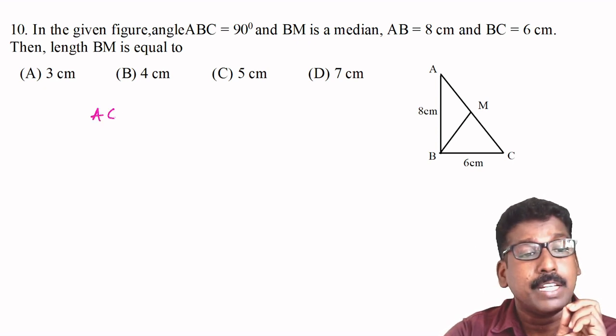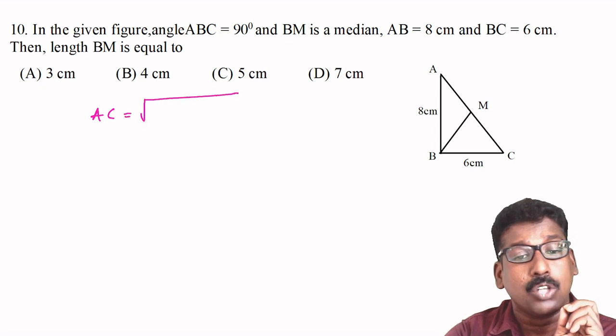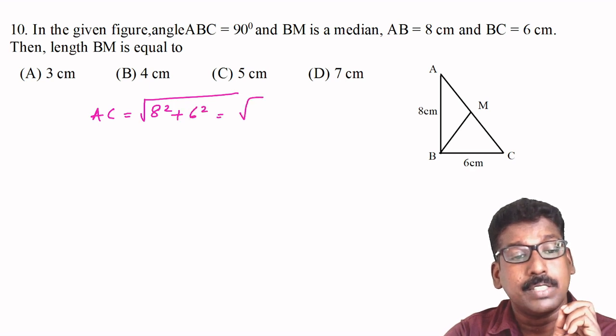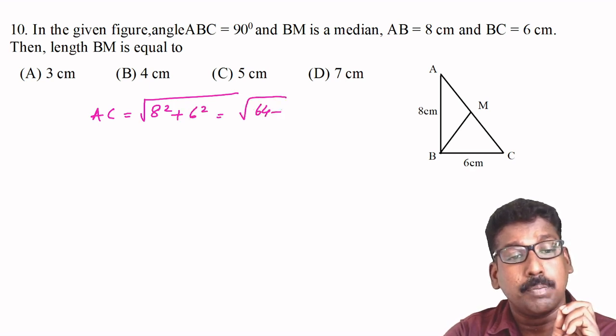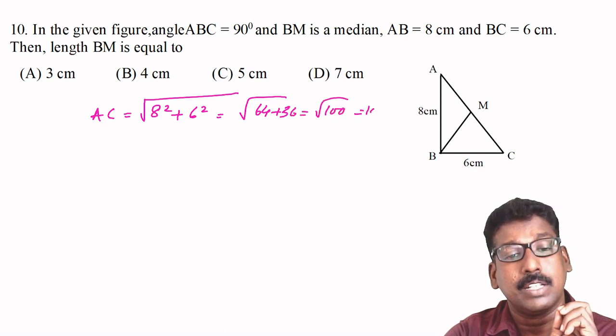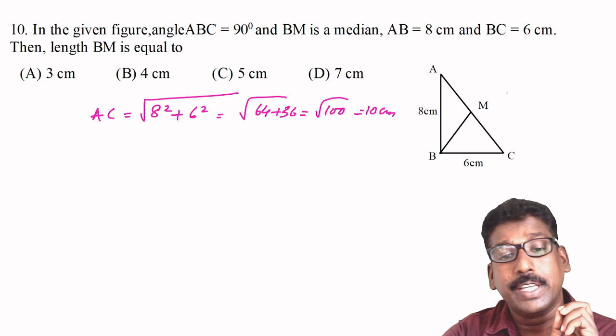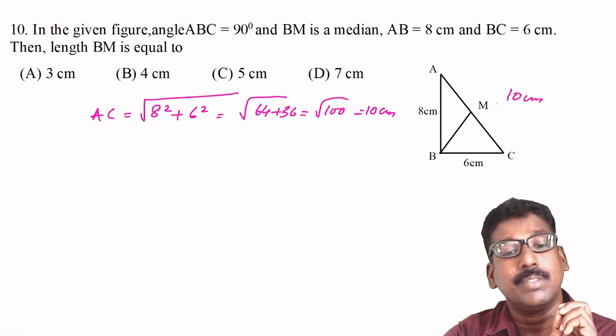By Pythagoras theorem, AC is equal to square root of AB square plus BC square, that is 8 square plus 6 square, which is equal to 64 plus 36, root 100, which is equal to 10 centimeter. So AC is equal to 10 centimeter.